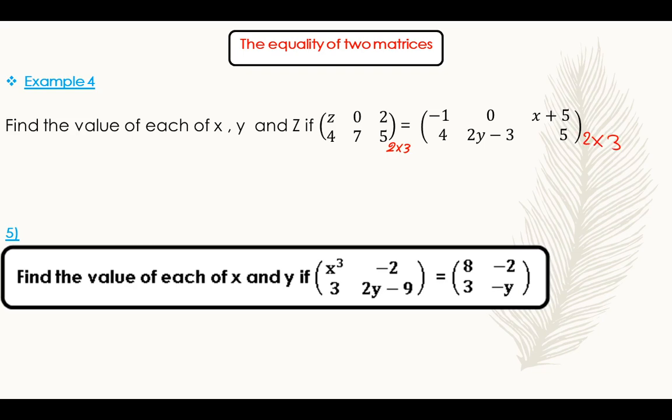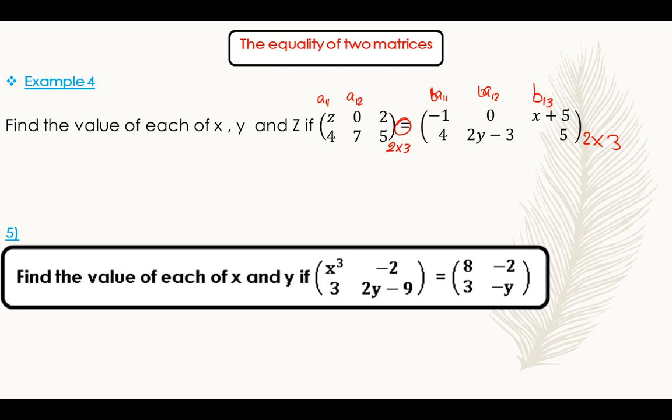Here we are told that the two matrices are equal because we have an equal sign between them. So A11 in the first matrix will be equal to B11 in the second matrix, and A12, first row, second column, will be equal to B12, and the last element is the first row, third column.